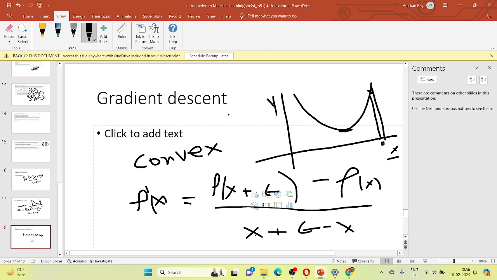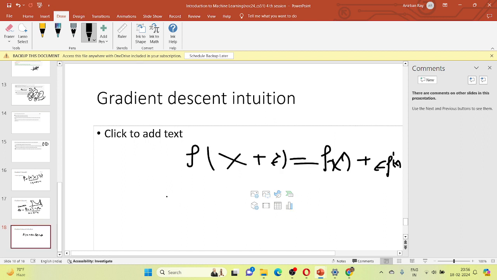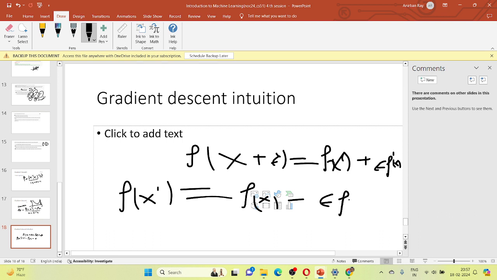So we define a new x, x dash, which will become equal to x minus something.